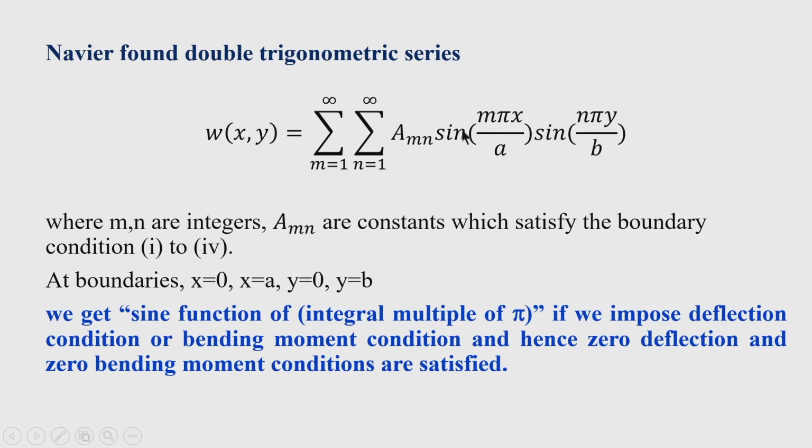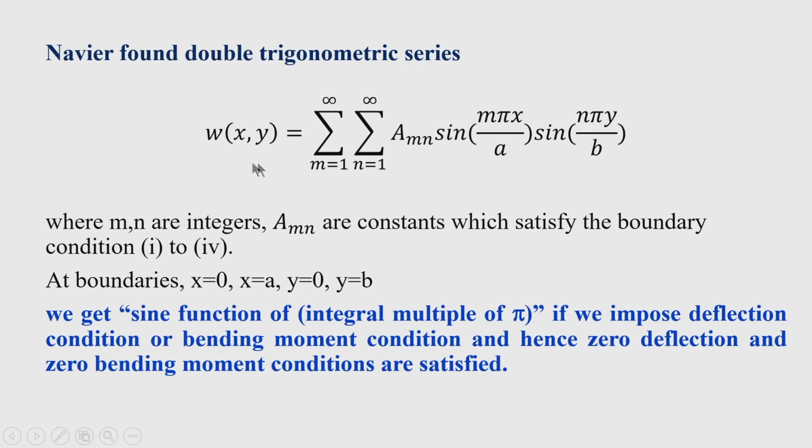If you put x is equal to a, then sin m pi, for any integral value of m, will be 0. Therefore the deflection condition is satisfied. To satisfy the bending moment condition, you differentiate this expression 2 times with respect to x as well as with respect to y.